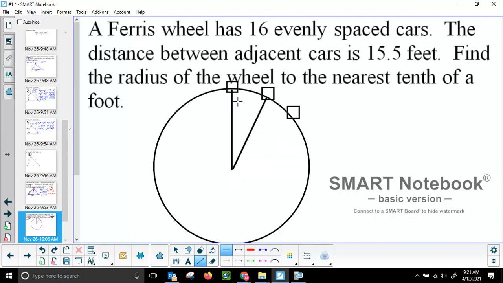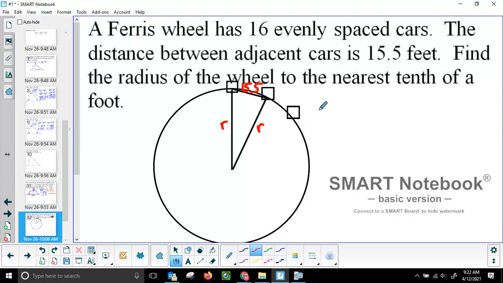Even though it's on a circle, we can think of this as a triangle. It tells us the distance between adjacent cars is 15.5 feet, so this is 15.5. We're trying to find the radius of the wheel; this is r and this is r, both radii.